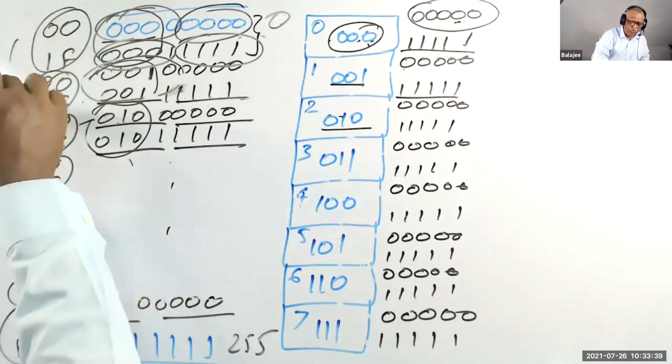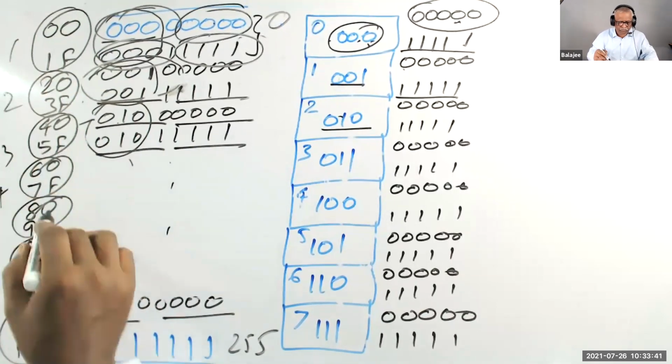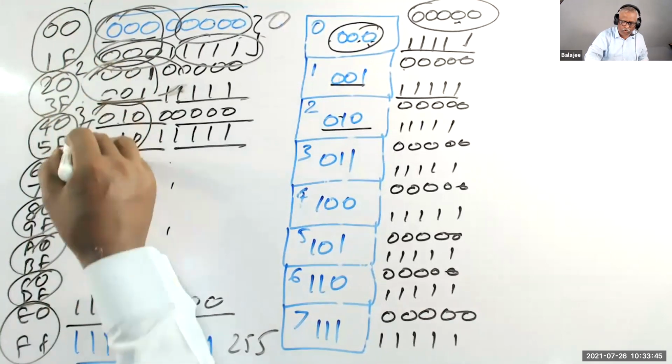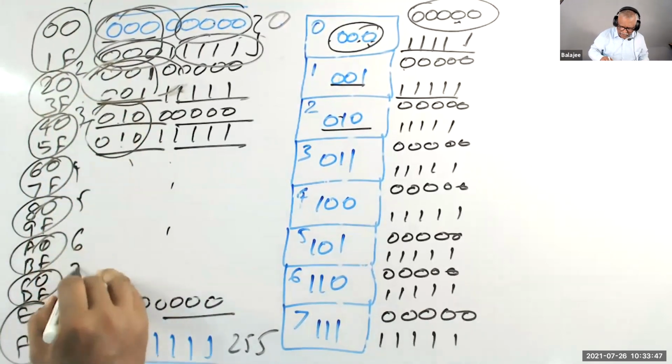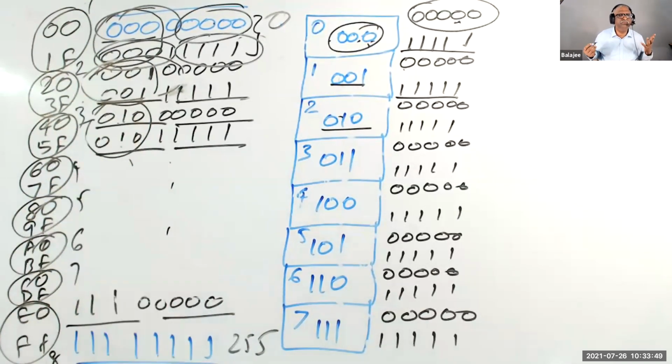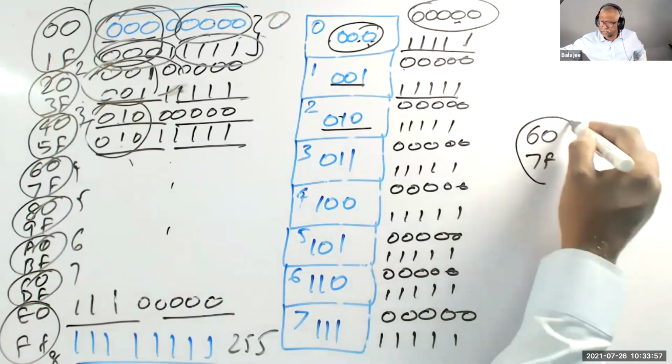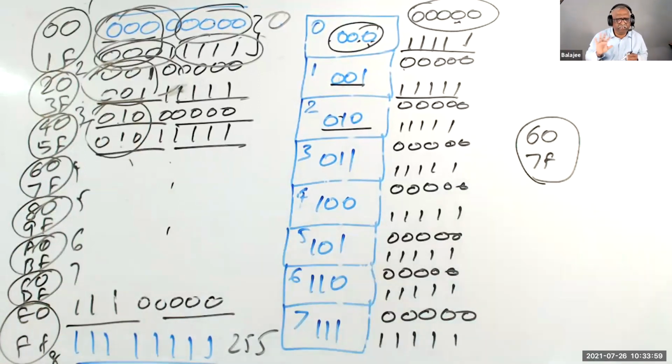1, 2, 3, 4, 5, 6, 7, 8: 8 notebooks. So try to see this. Now I have written 60 to 7F. This is hexadecimal. I know that you always deal with binary, so there's a small confusion.